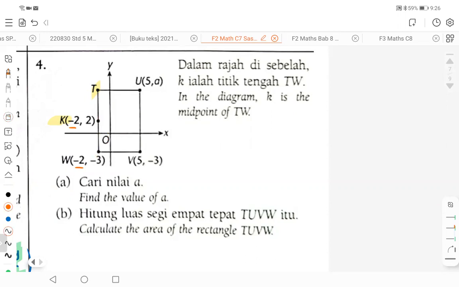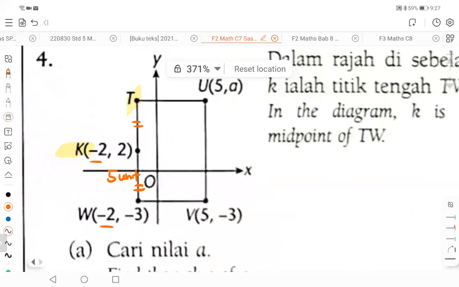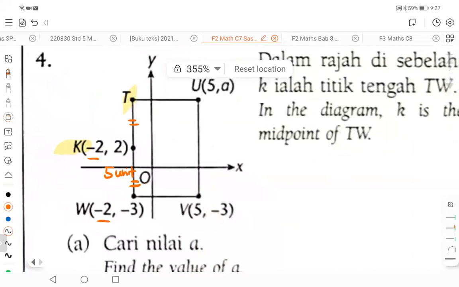So if this is 5 units, that means TK is also 5 units. And point T, let me make it bigger. Point T is 5 units above point K. Go up, plus 5. It's just like you are now at level 2 in the lift.